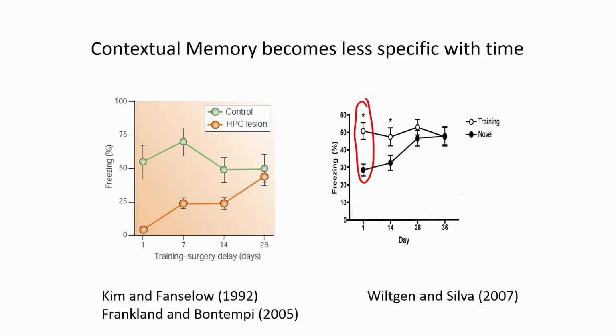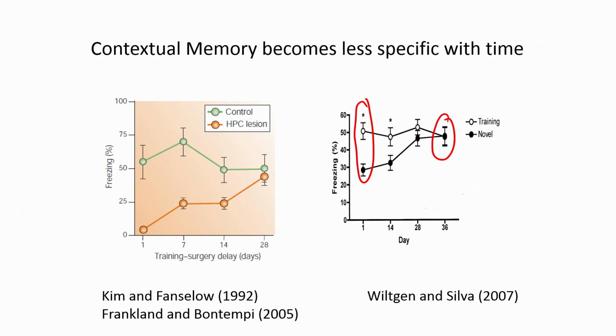However, that difference diminishes as you proceed in time. On a similar time scale as that of systems consolidation, at about the 30-day time point, when you ask this animal whether it is the training context or the novel context, they say I do not know.